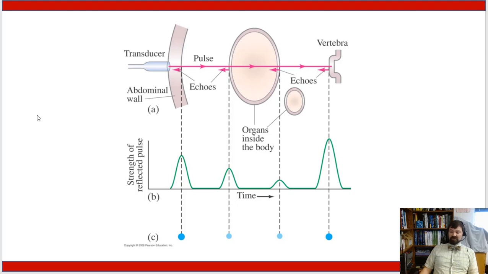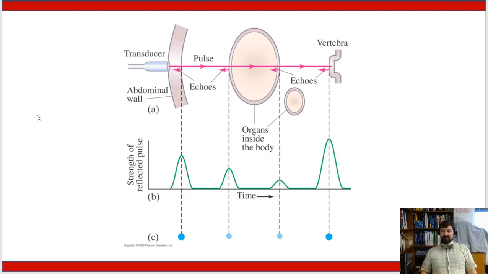Now there's actually a limit here, because the flip side is that when you're trying to send sound waves through somebody's body, the penetration depth depends on the wavelength as well. So basically you don't want too short of a wavelength, because then you won't get enough penetration depth.